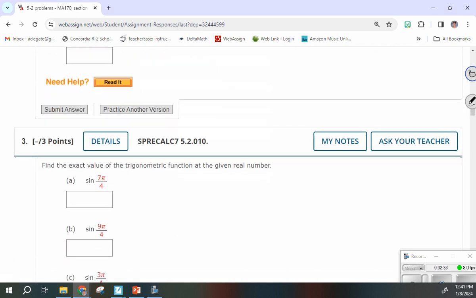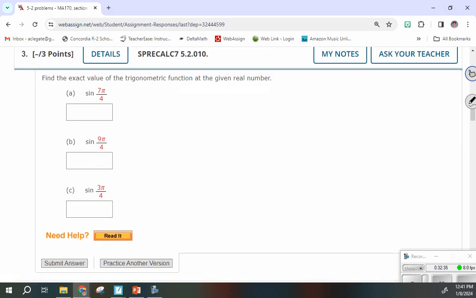Same kind of deal. Okay, let's look here at number 3. Because they're all sines, but they're all over the place. So first of all, 7 pi over 4. What quadrant is 7 pi over 4 in? Fourth, right? This is pi over 2, pi, 3 pi over 2. This is like 2 pi, so we're almost there.